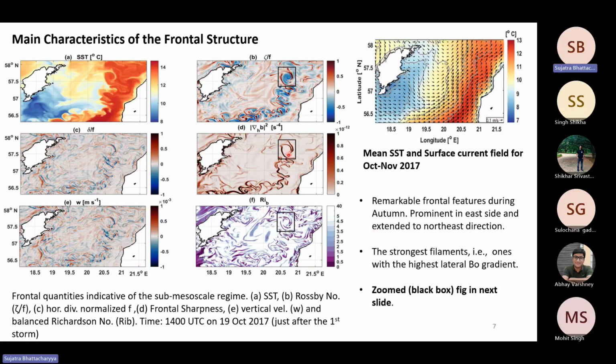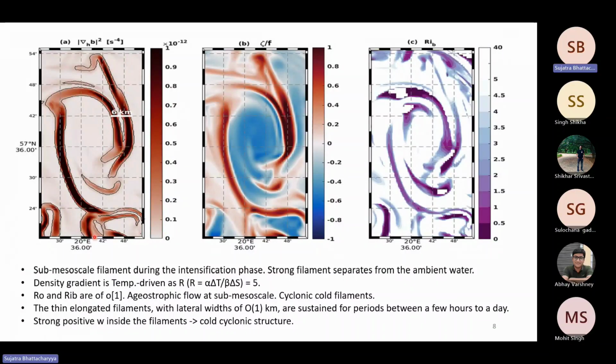I'll show the zoomed version of these three parameters. So here you can see the frontal sharpness, nothing but the horizontal gradient of buoyancy. They have set a criterion that a sharpness of 1 into 10 to the power minus 13 should be there.